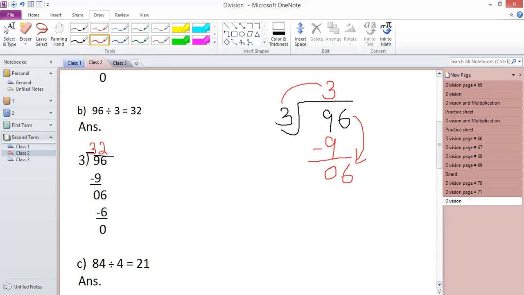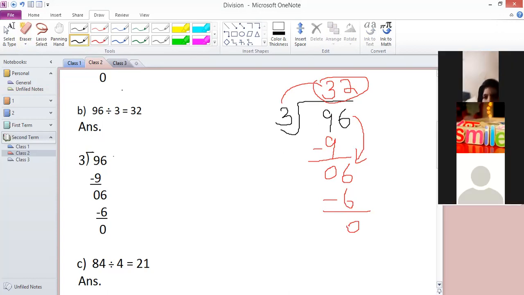6 divided by 3. 3 1s are 3. 3 2s are 6. Write 6. Multiply, 3 2s are 6. Remainder is 0 and the answer is 32. So 96 divided by 3 is equals to 32. Is it clear, guys? Yes, sir.